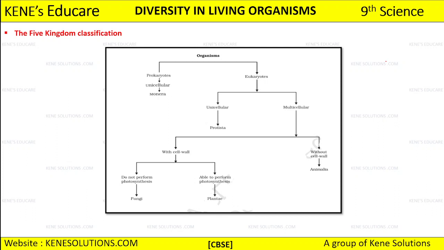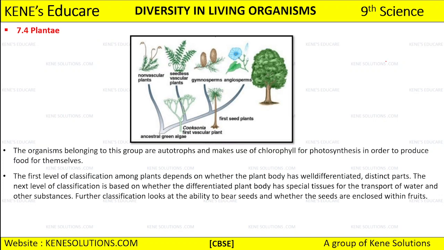And without the cell wall, we have kingdom Animalia. Okay, so this is how we have multicellular with cell wall and without cell wall, and we have three kingdoms included here. We have kingdom Fungi, kingdom Plantae, and kingdom Animalia.